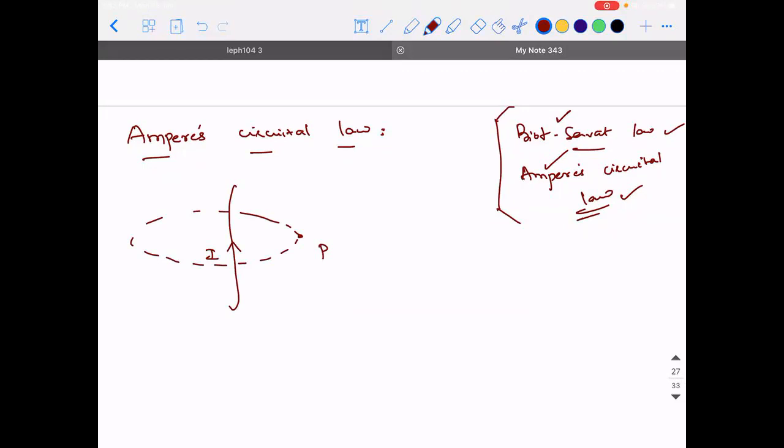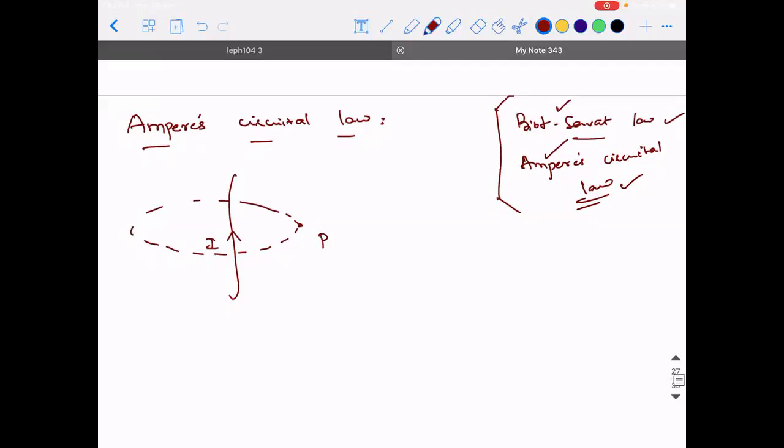If the magnetic field at this point is B, and you take a small element dl on the loop, then there is a rule like this. Integral of B dot dl is equal to mu naught times I enclosed.